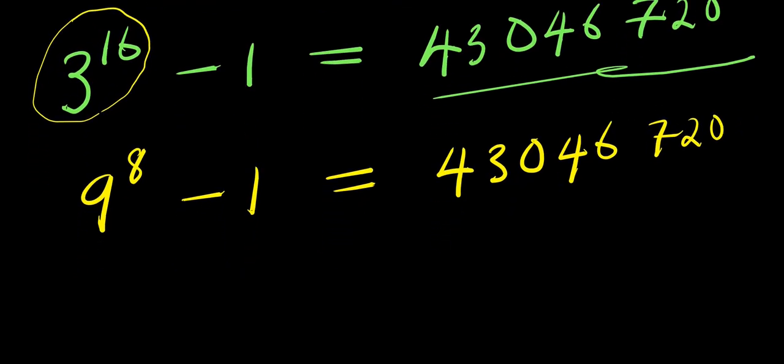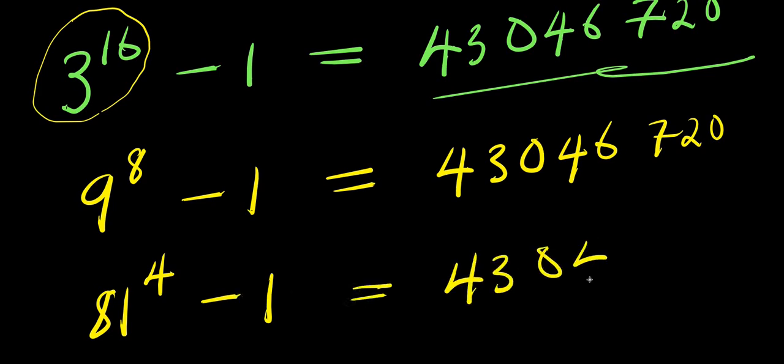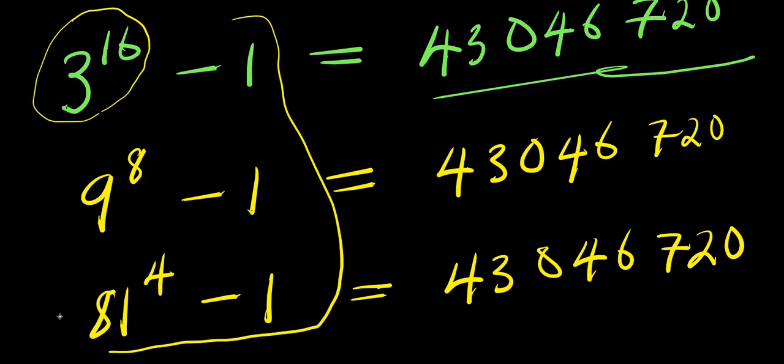In fact, this also is the same as writing 81 power of 4 minus 1. And this will give you 43,046,720. All this will give you the same thing, depending on how you do it.